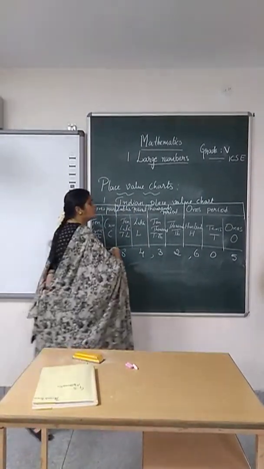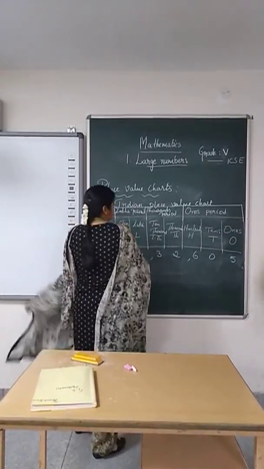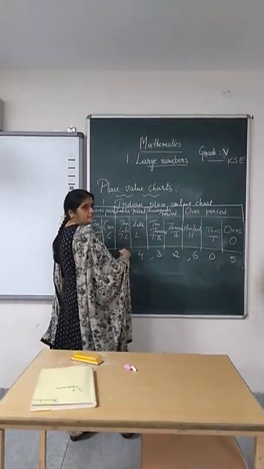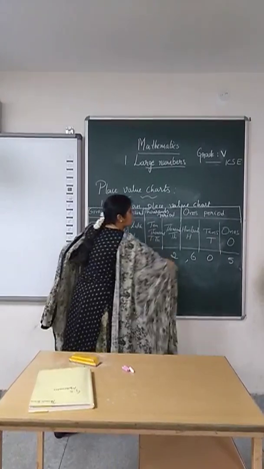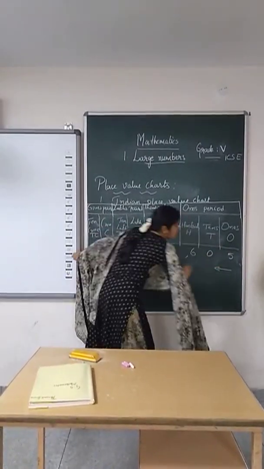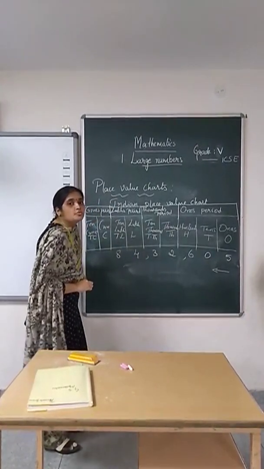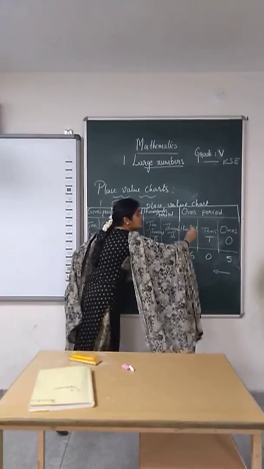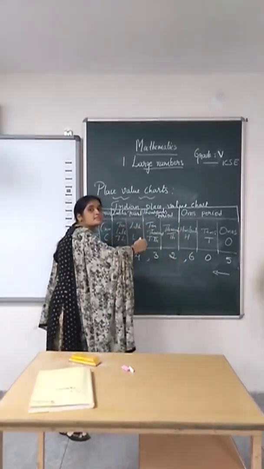And when you look at the chart, this side is your right and this is your left. When you move from the right towards your left in the place value chart, each consecutive place increases by 10.